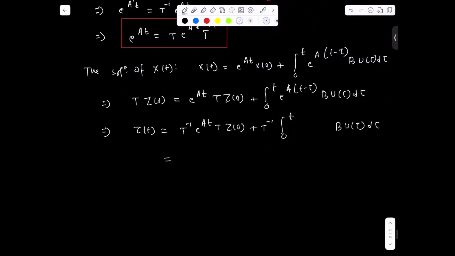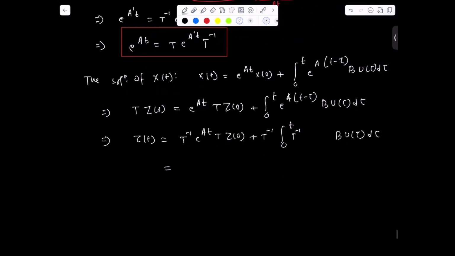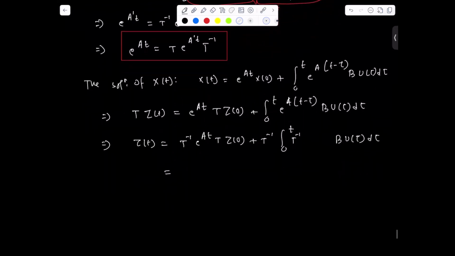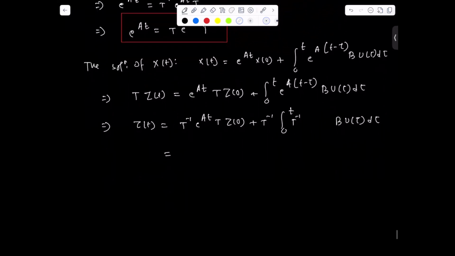So here we can write T inverse T e to the power A dash (t minus tau) T inverse.